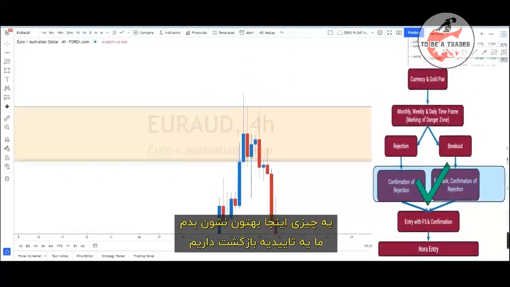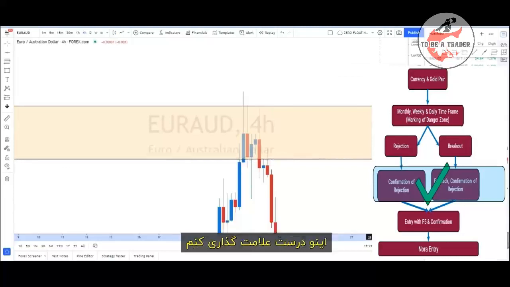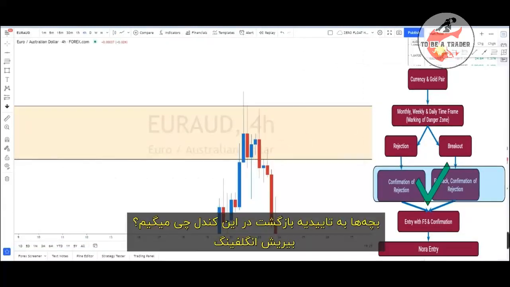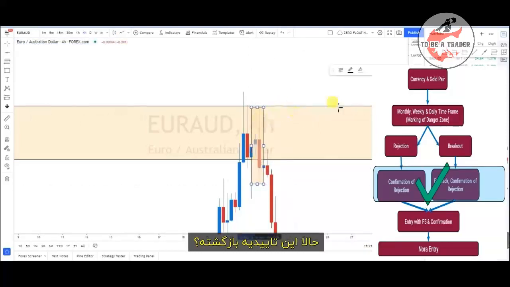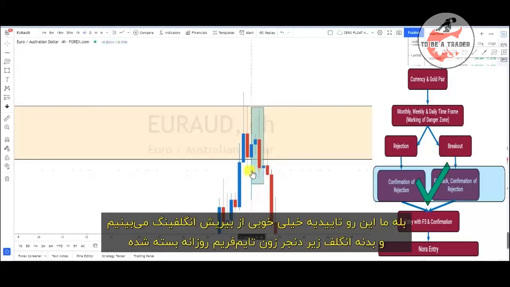As you can see here, I'm going to show you one thing. We have one confirmation of rejection. I'm going to mark this properly: confirmation of rejection on this candlestick. This is what do you call, guys? The bearish engulfing. Now, is this a confirmation of rejection? Yes. I would consider this a very good bearish engulfing, and the body of the engulf closes below the danger zone of the daily time frame.